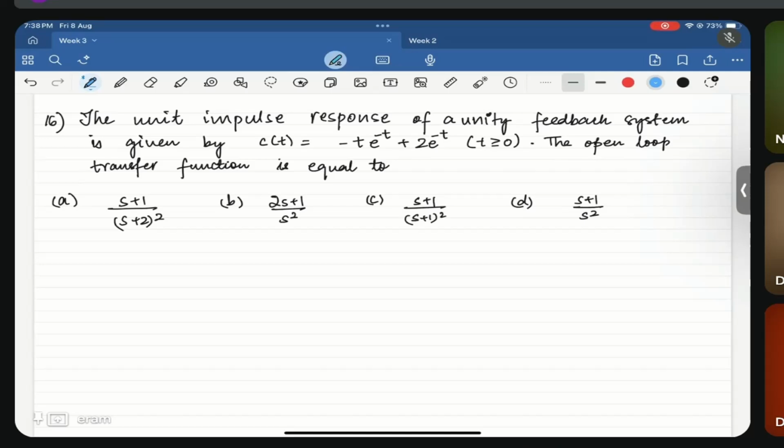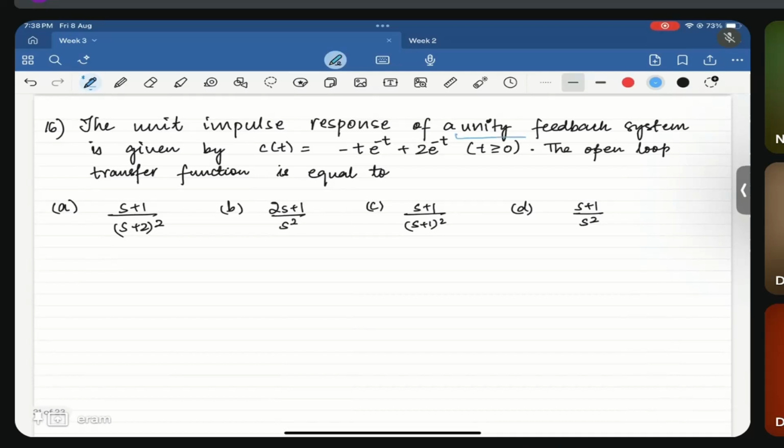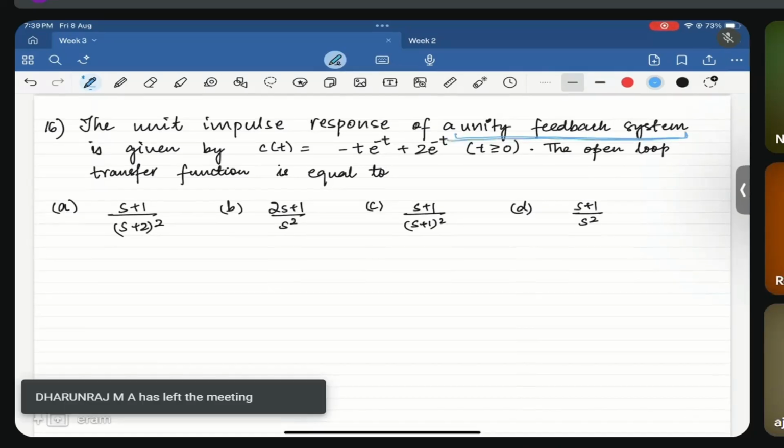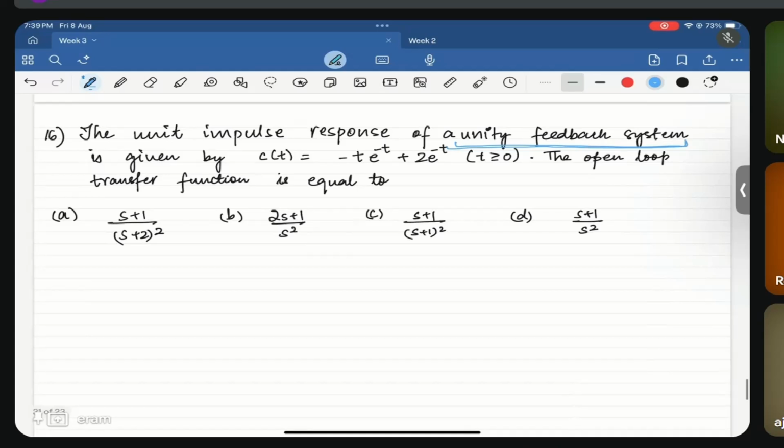So first we have a unity feedback system. And then we are given that for that unity feedback system, we will assume it as negative feedback only.